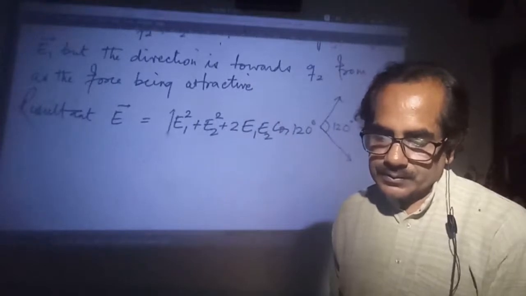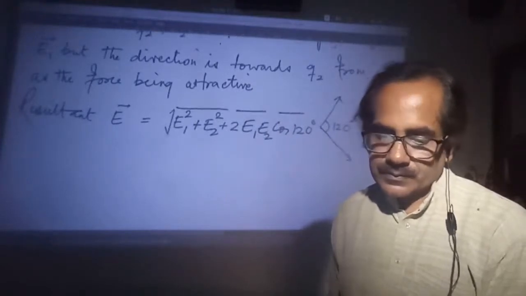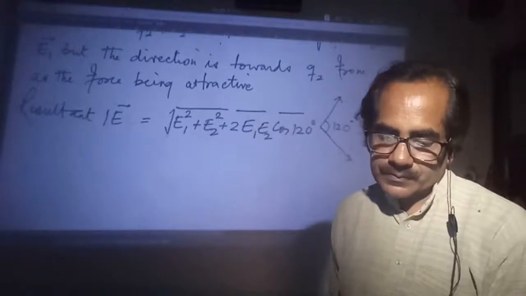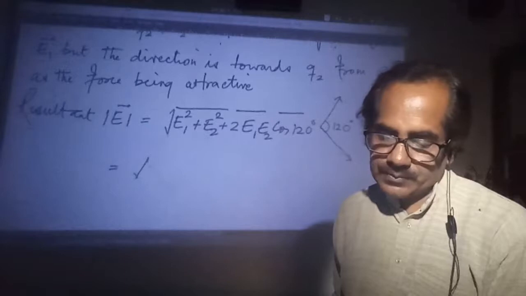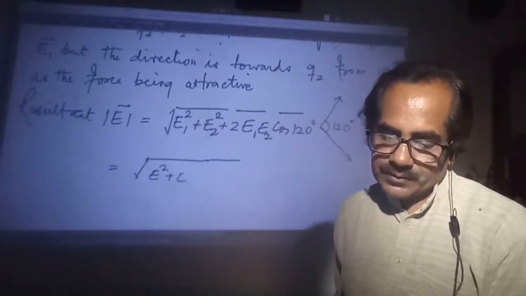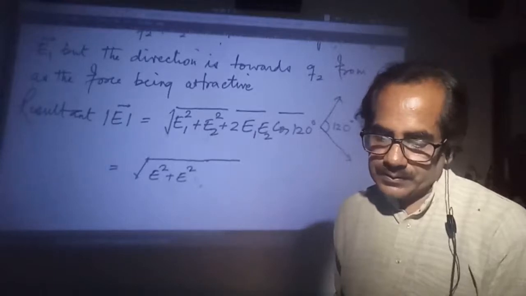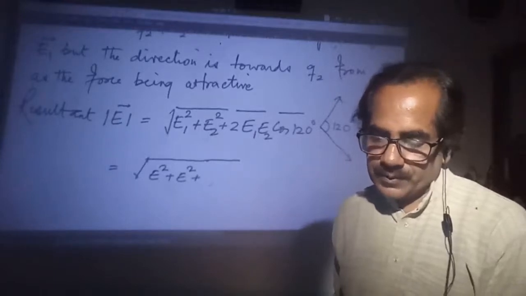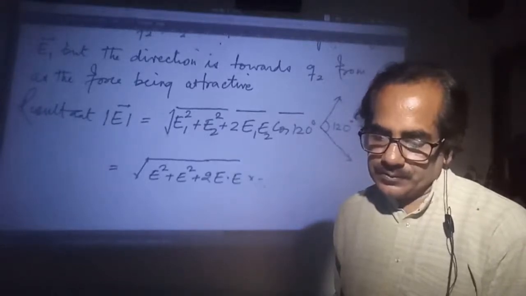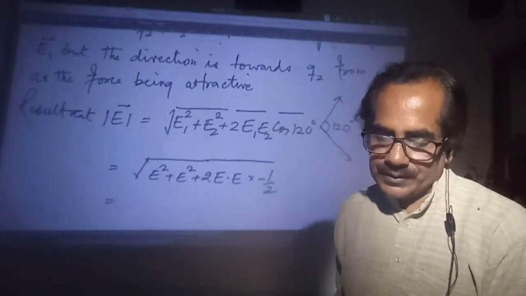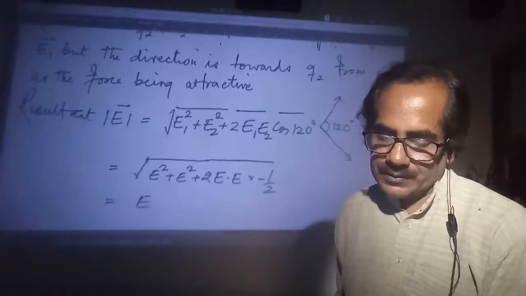Since both are same, E square plus E square plus 2 E into E into minus 1 upon 2. So finally it is E.